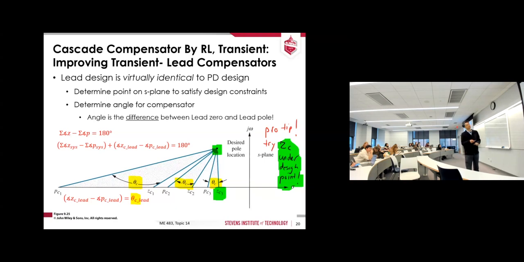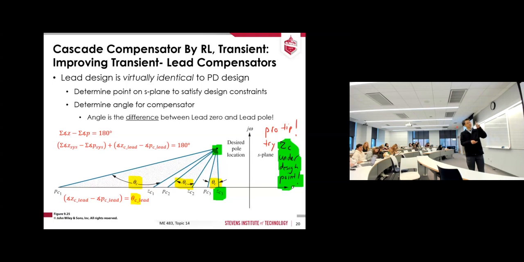Or you can put this ZC overlapping with one of the poles from the system so that there is a pole-zero cancellation. Okay, so it is almost exactly the same as the PD control, but we have one more pole, so you have to consider that. The only thing to do is to decide this zero location first. That's the only thing, okay? Because you have a pole and a zero, not just a zero.